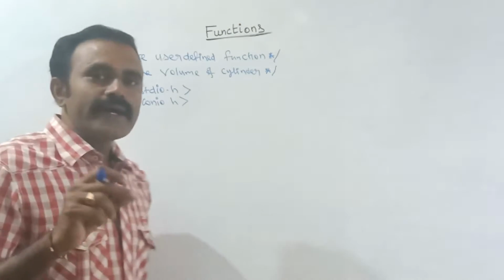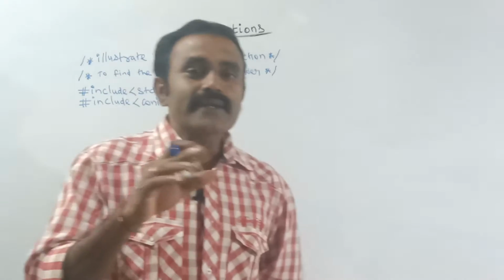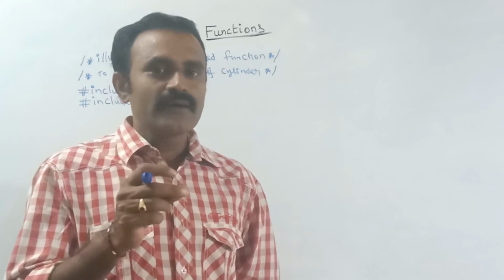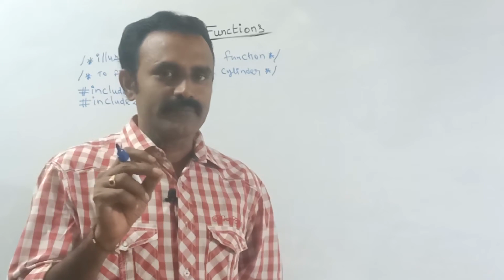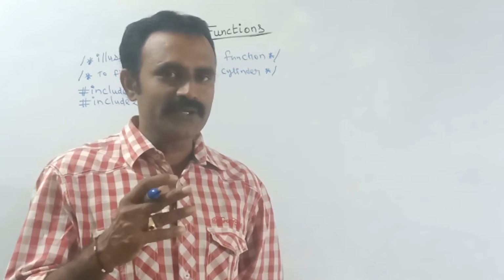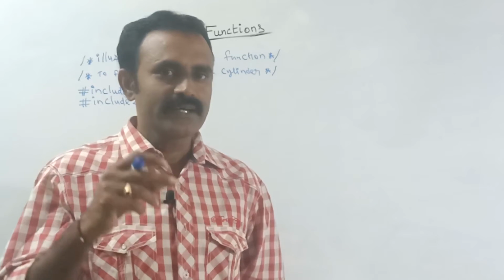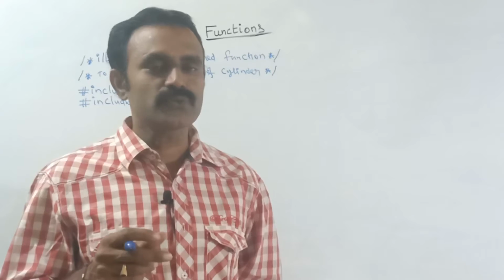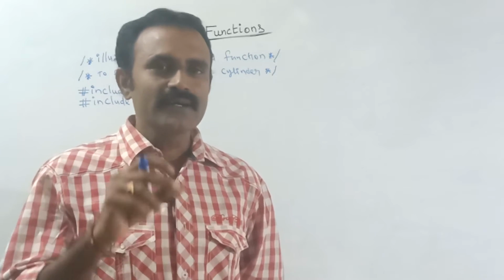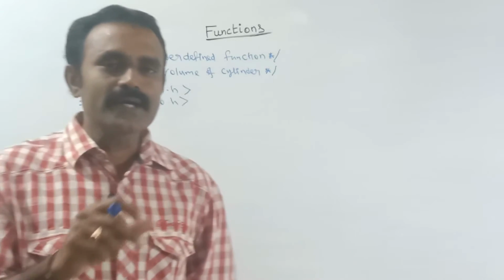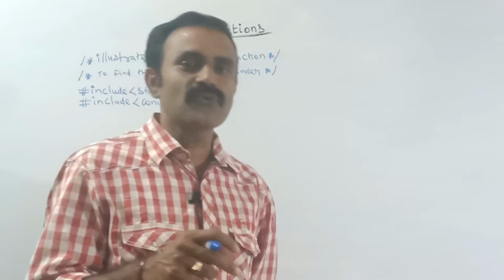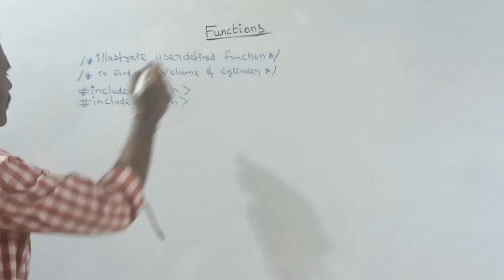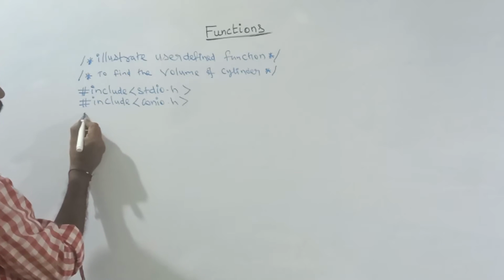See what kind of data it returns. It returns the float data type. Suppose we want to find the volume of a cylinder, the result will be in fractional numbers. So we can declare the return data type as float. Float means we can store the fractional value.